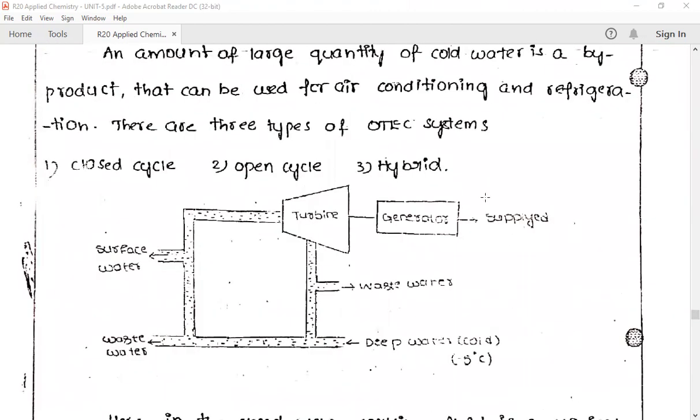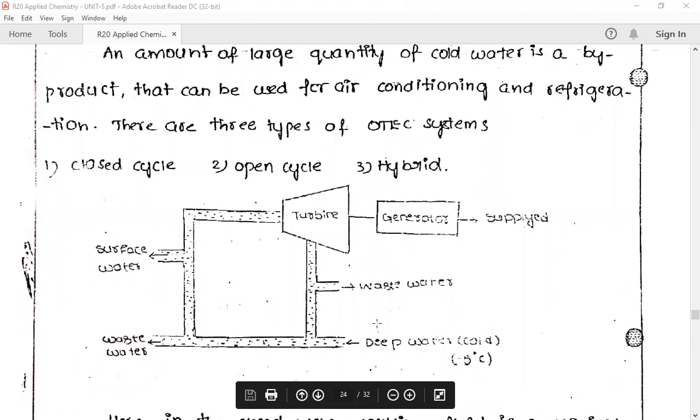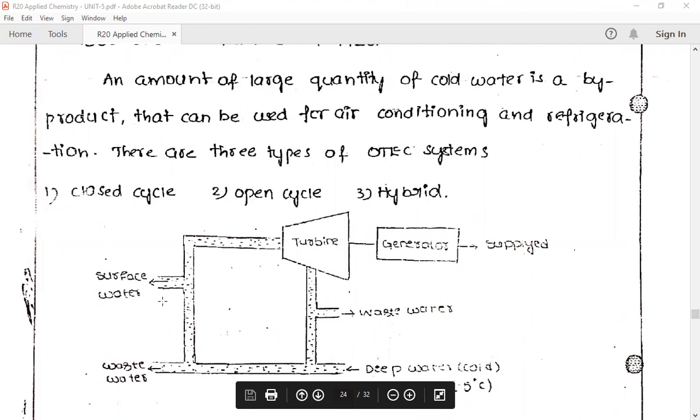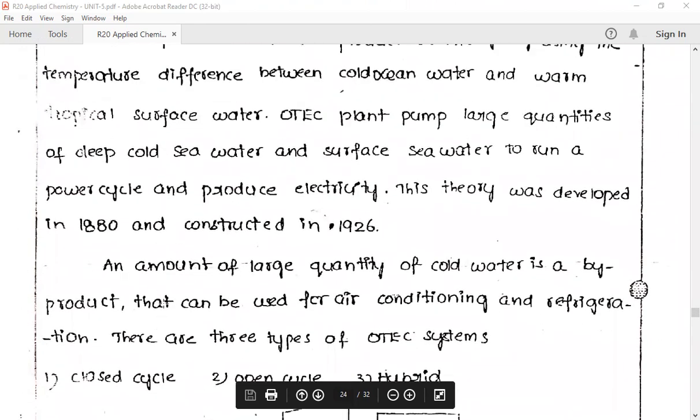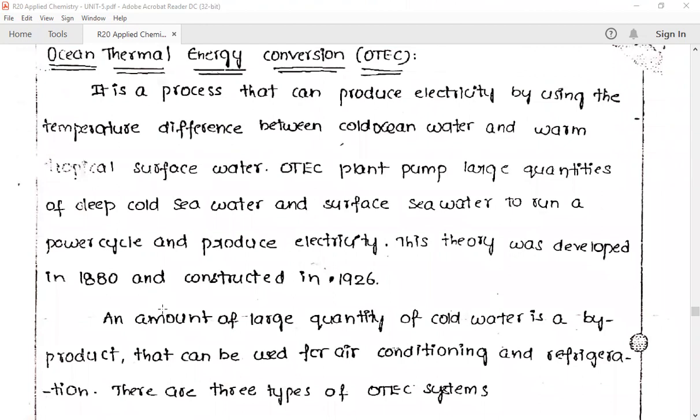See, it is a diagram which is known as the energy converter. Ocean thermal energy means a temperature difference exists between the surface and the deep ocean water. This temperature difference between the surface and the deep ocean water is utilized to generate electricity.